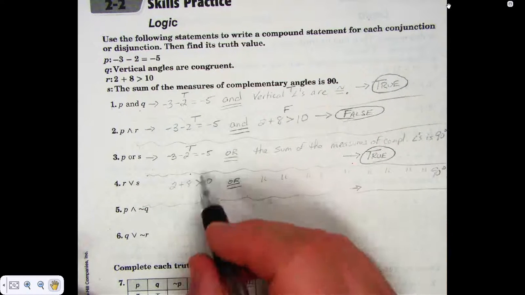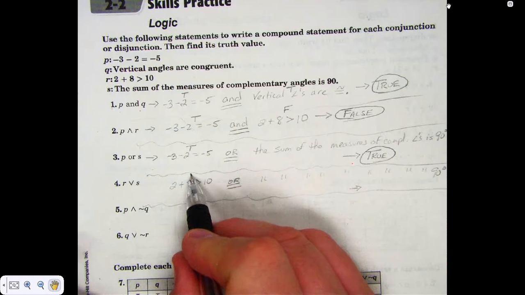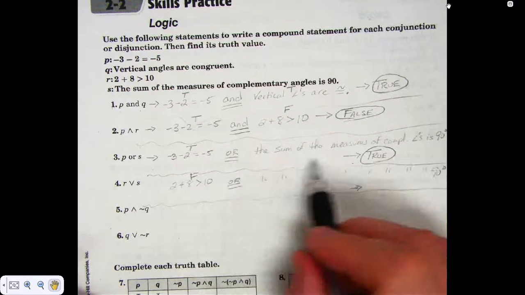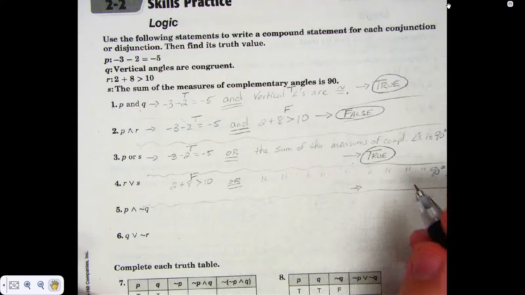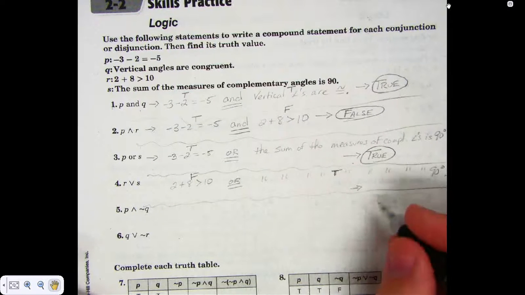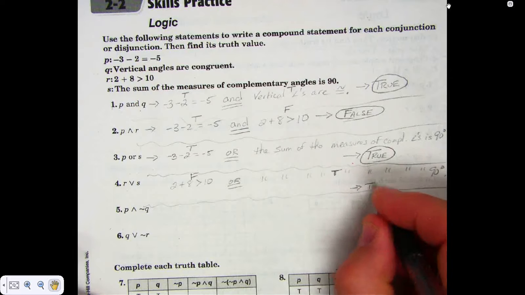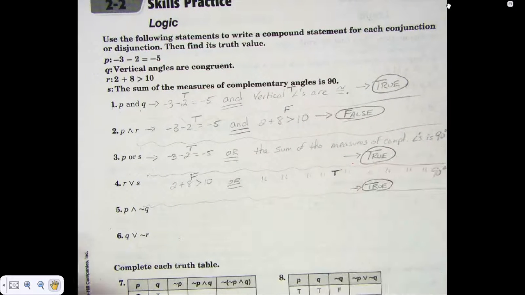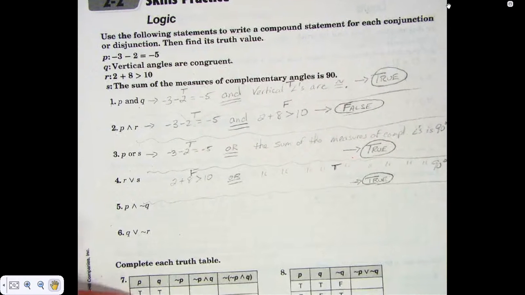Well, what is our truth value here? Is it true that the sum of the measures of complementary angles is 90? So what about this statement? Is this statement true? It actually is. Part of the statement is false, but enough of it is true.